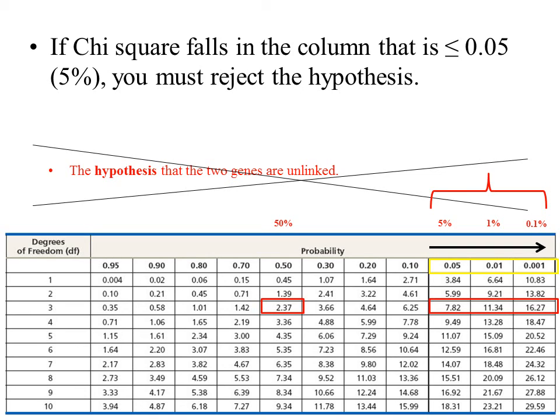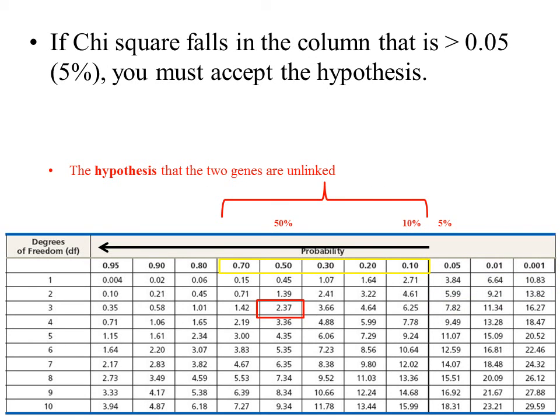Our number was around 2. The number that we're looking at, I highlighted it with the red box. If our number is not 7.82 or higher, then we keep going.